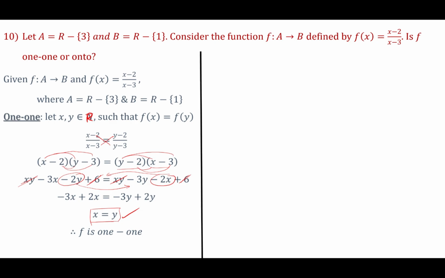Now check whether the given function is onto or not. First of all, given function y is equal x minus 2 over x minus 3. Solve it in terms of x. So I just cross multiply this. It will be like this, y times x minus 3 equal x minus 2. And the next step, I will open the parenthesis, y times x and y times 3 will be xy minus 3y.